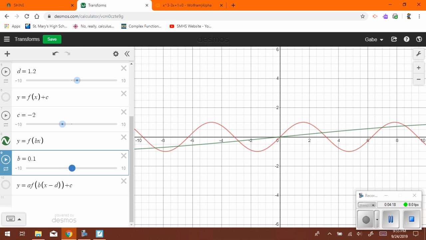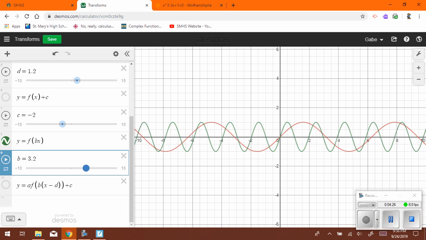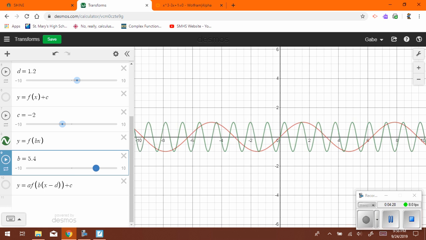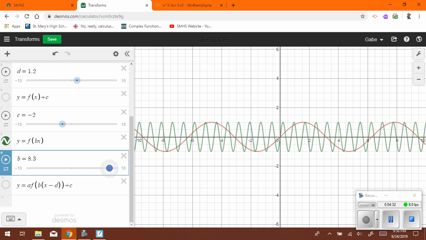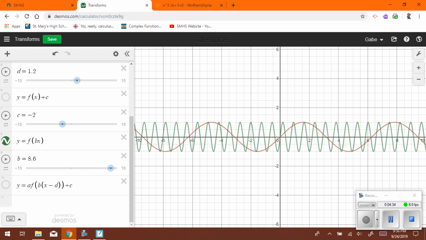This one is the loaded spring one. When b is 1, that's my original curve. When b gets larger, there we go. As b gets larger, I've taken my curve and I'm squishing it towards the center, so it's a horizontal compression.